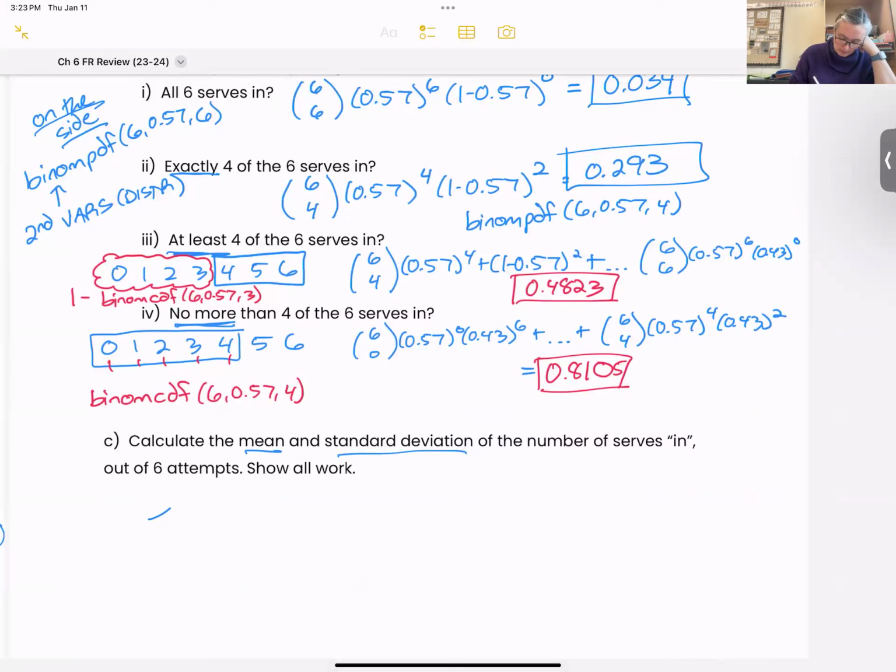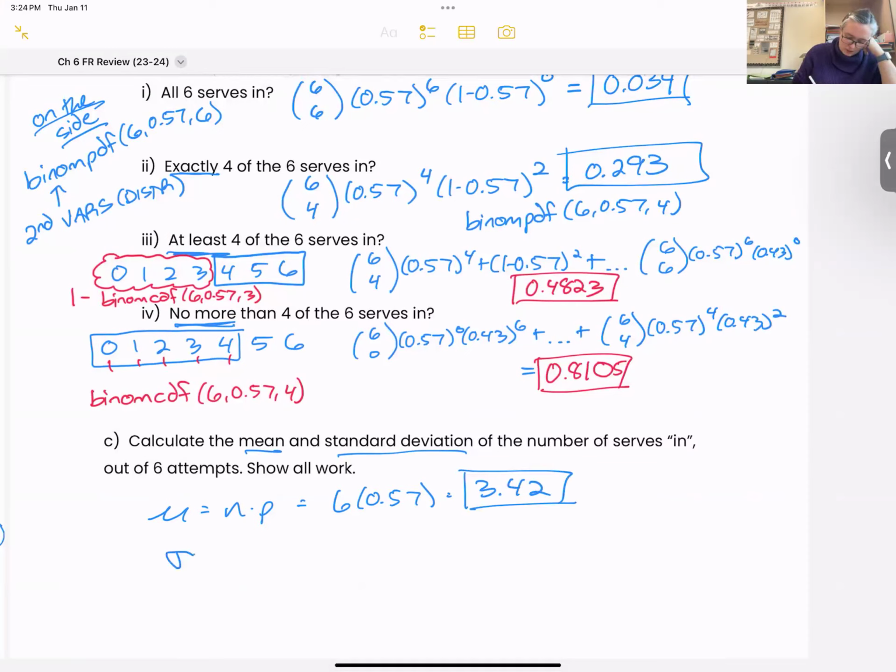Okay, so mean is n times p. So 6 times 0.57. We expect her to make 57% of her 6 tries, which would end up being on average 3.42.